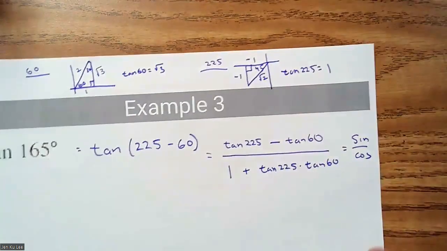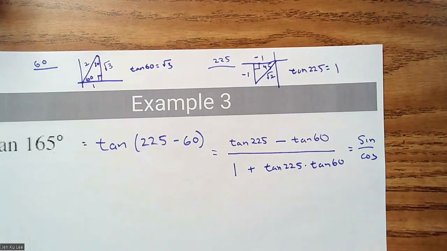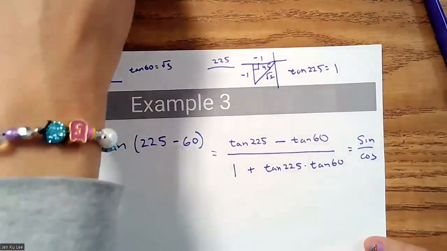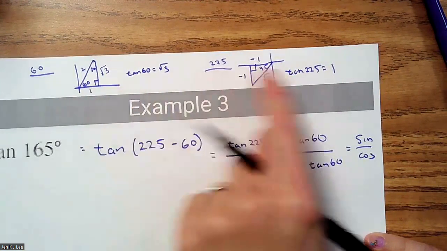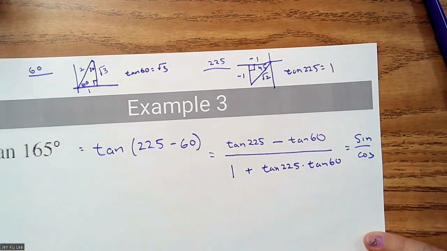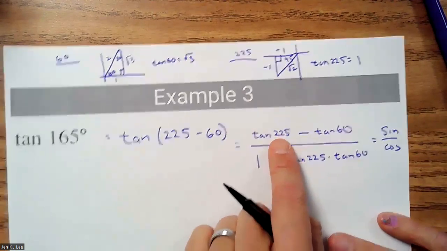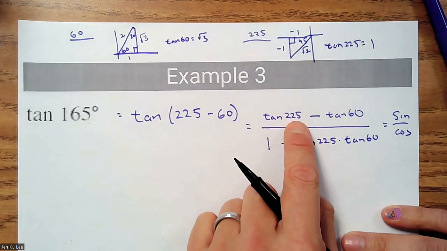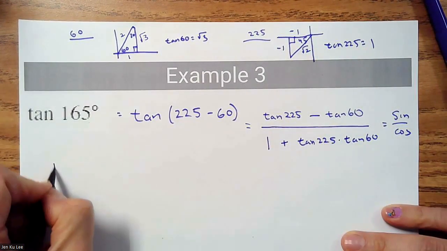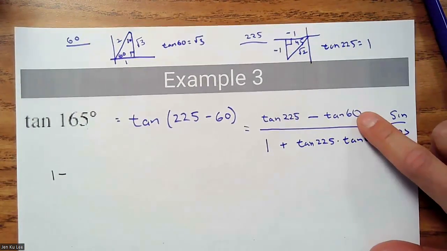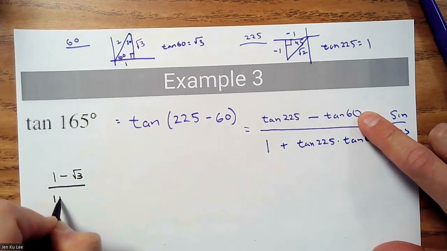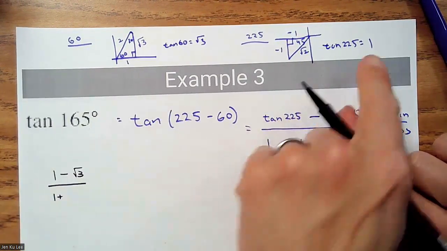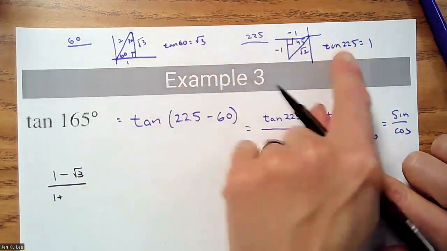And the hardest part about this, you will find out in a little bit, is simplifying it. It's not actually getting these trig functions, but simplifying. So let's plug it in. Tangent of 225 is 1, minus tangent of 60, square root of 3, over 1 plus the product of the two, which is square root of 3.